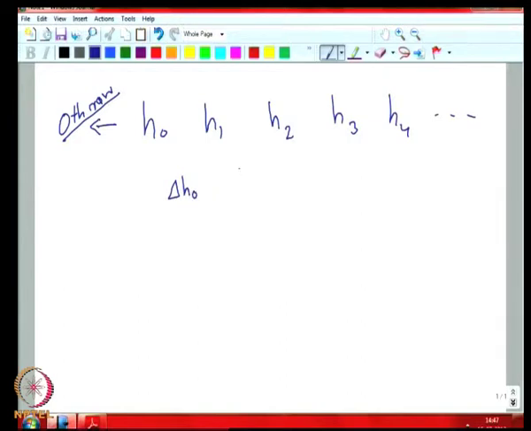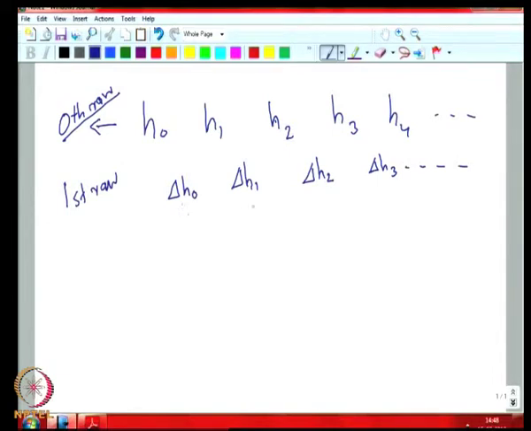We will write delta of H1 for H2 minus H1, and delta of H2 for H3 minus H2 and so on, right. So, this will be delta H3. So, this sequence in the first row is the first order difference sequence.